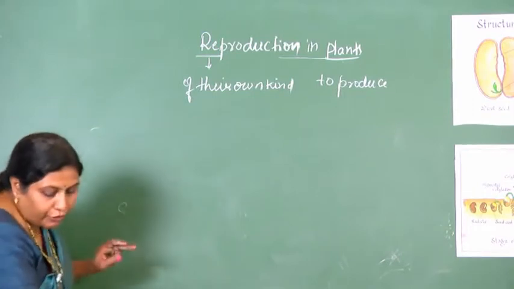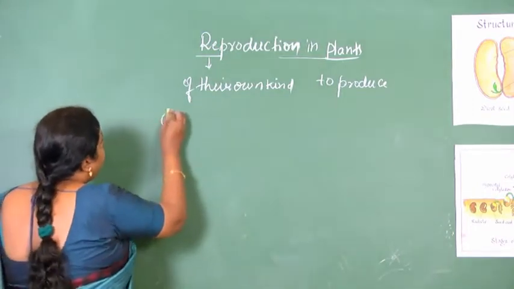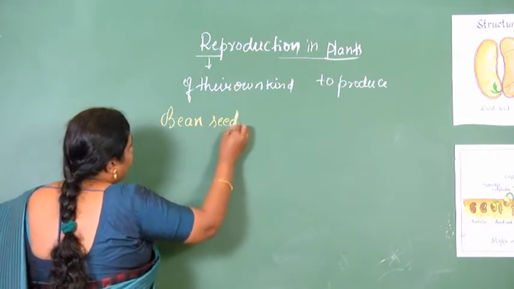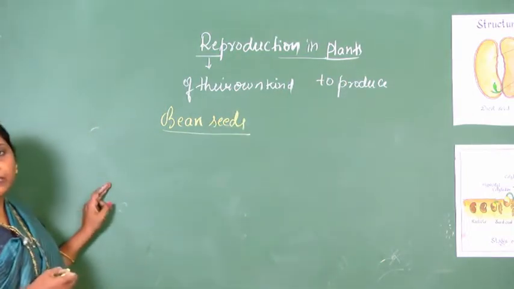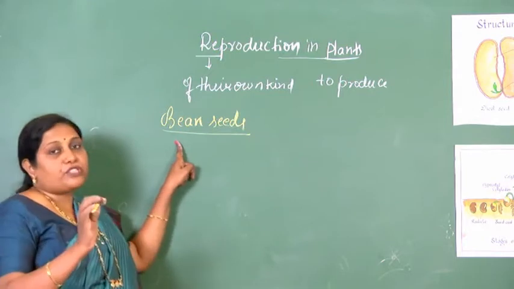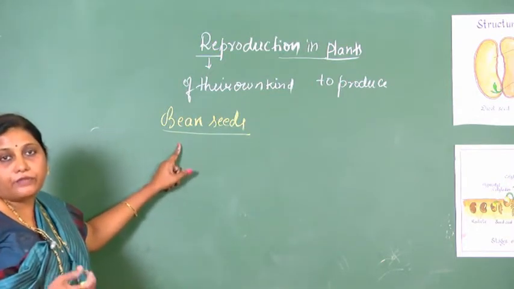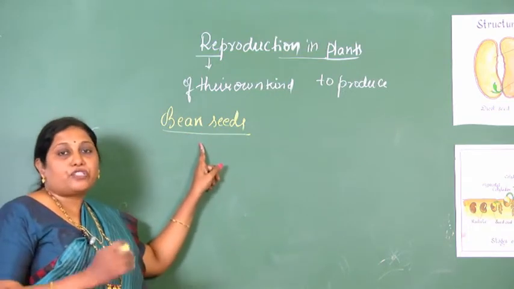Okay. So when you observe a seed, we can take an example of the bean seed. The seeds are of various shapes, various sizes, and various colors. But the structure is similar. The shape of the seed, the color, and the size may vary, but the structure is similar.